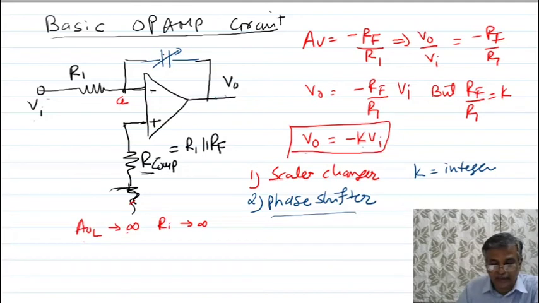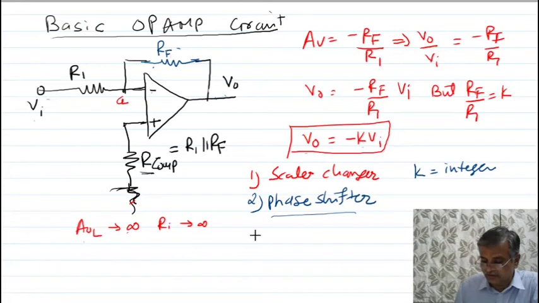Either you connect a capacitor or an inductor; if the value varies, the phase of the output and input will change. So that circuit is called a phase shifter.